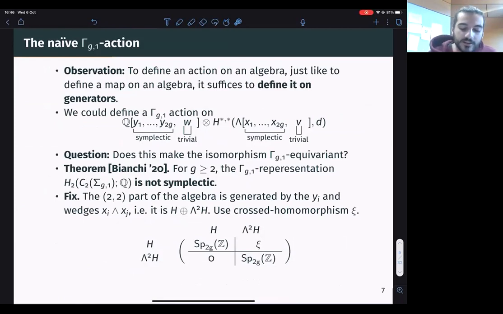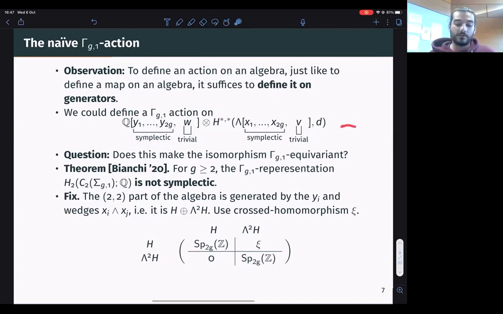My first guess would have been that I treat the x_1 up to x_{2g} as a symplectic basis. I treat the y_i's as another symplectic basis. I consider w and v as invariant vectors of Γ_{g,1}, and then extend this action to the algebra.